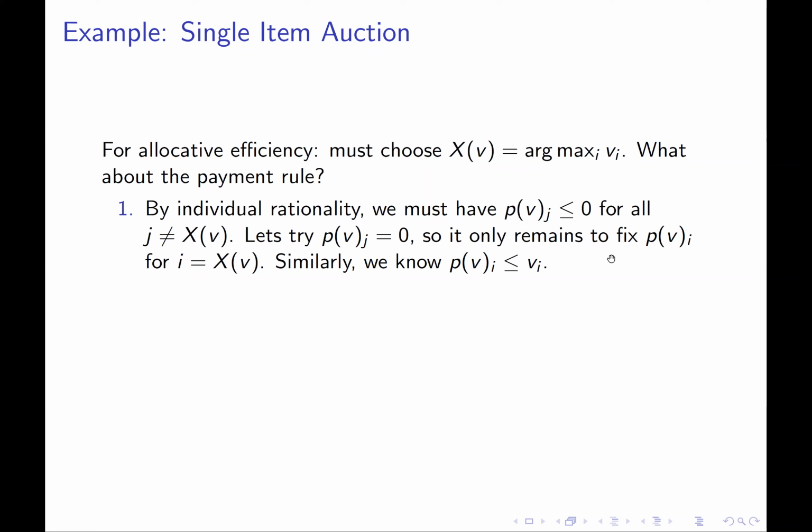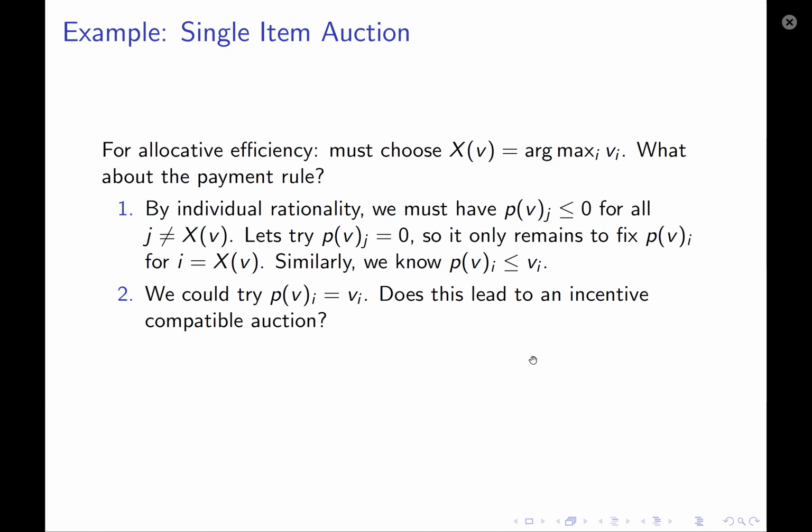Okay, and similarly, individual rationality forces us to charge the person who gets the item something that is less than their reported valuation. Right? If you tell me you value the toilet paper at $2, I can't give it to you and then ask for $3. So let's try again. So what if I say, okay, if you don't get the item, you pay nothing.